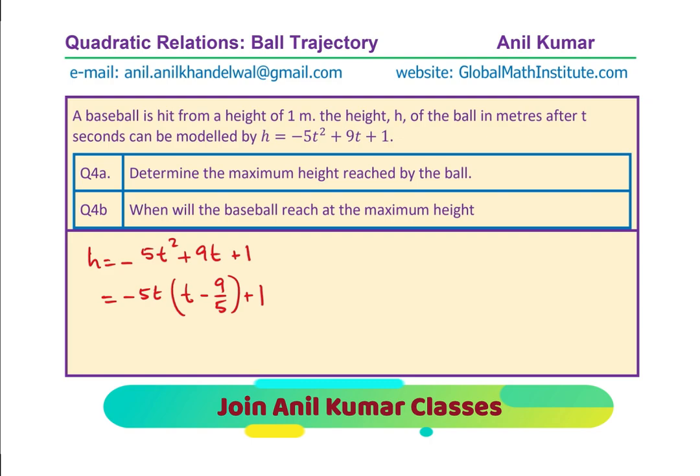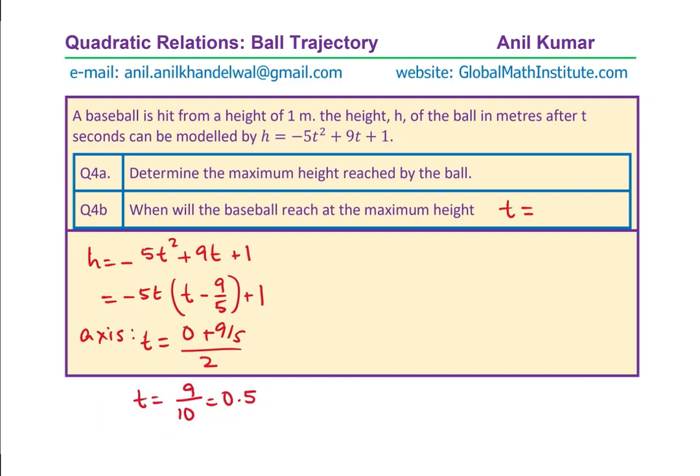Now the axis is at half the value, which is t equals 0, which comes from here, and from there we get plus 9 by 5, everything divided by 2. So t equals 9 over 10, which is 0.9. So when will the baseball reach its maximum height? At t equals 0.9, 9 divided by 10.